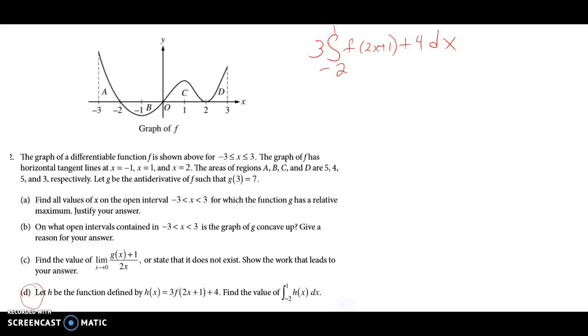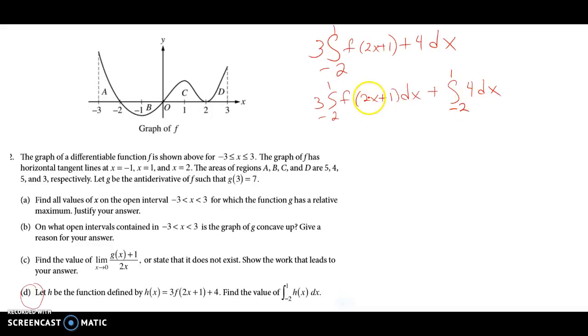Alright, and then I realized that I can split this up like that. And that's also from -2 to 1. So this last integral right here, that one's no problem, I can handle that.